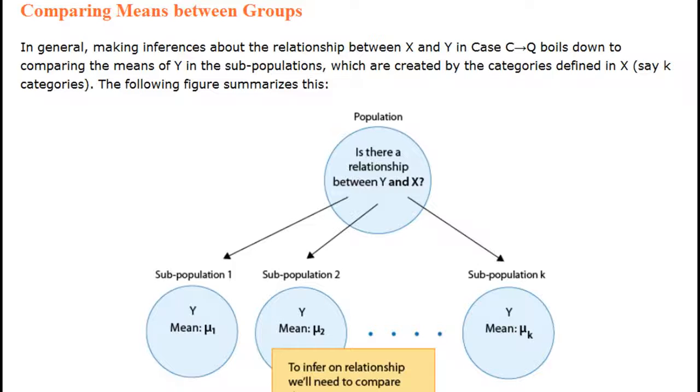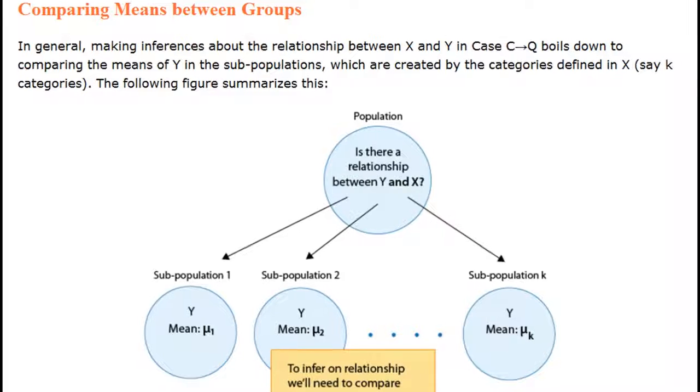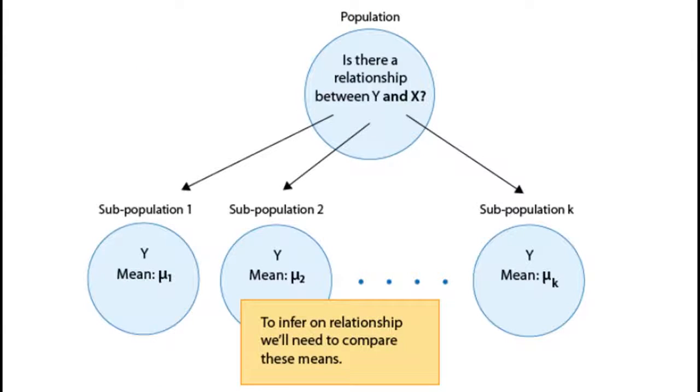So for example, if we measured heights as our response variable and we looked at the categorical variable gender, we'd be comparing the heights of males to the heights of females, and we'd be able to say that there is a relationship between gender and height because once I know you're male or female, it tells me something about your height.